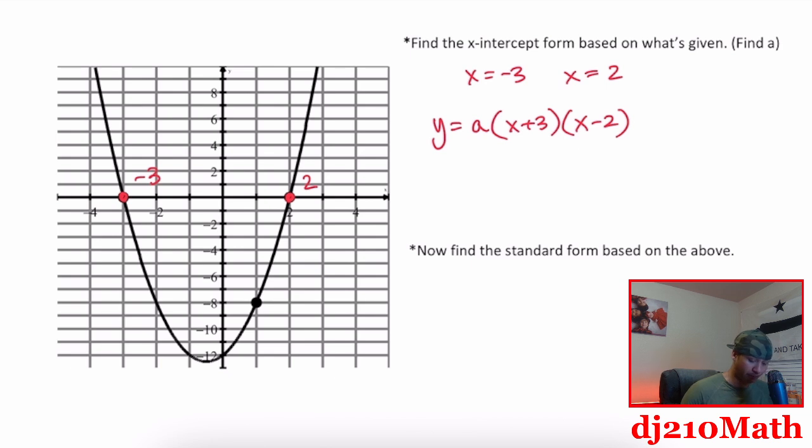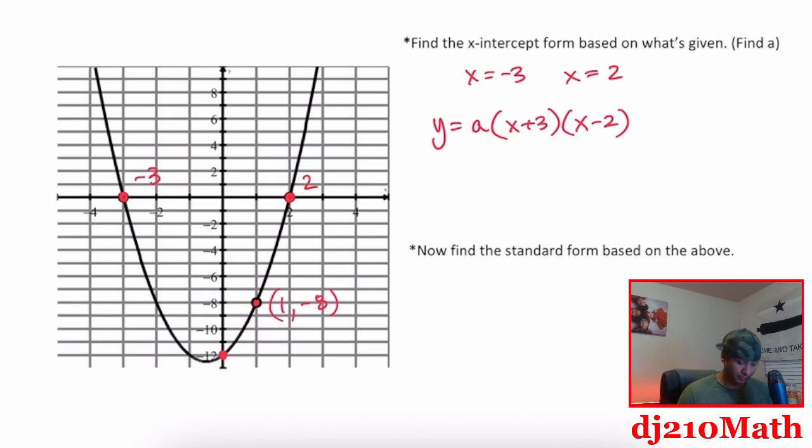Here they have a point already identified. Me personally, I probably would have used 0, -12, just because there's a 0. But let's use the one that they said, 1, -8.